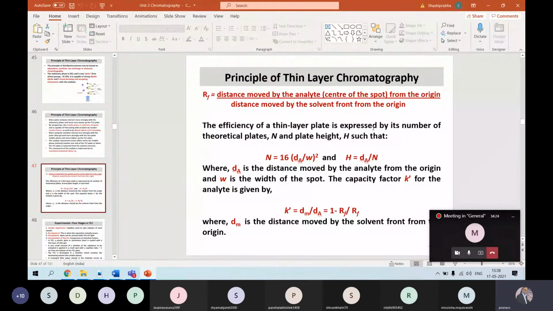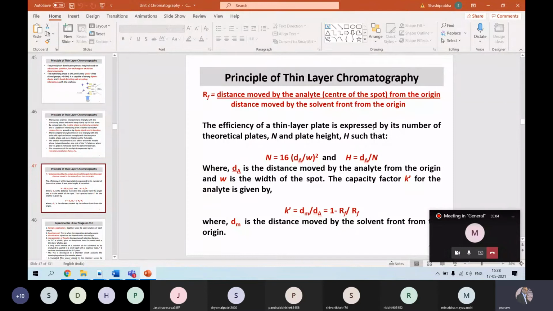But here in planar chromatography, the capacity factor K dash is expressed as (1 minus RF) divided by RF. And here dm is the distance moved by the solvent from the origin, and dA is the distance moved by the analyte from the origin, and that is your capacity factor. This is also known as retention factor sometimes, but here it is mentioned as capacity factor.